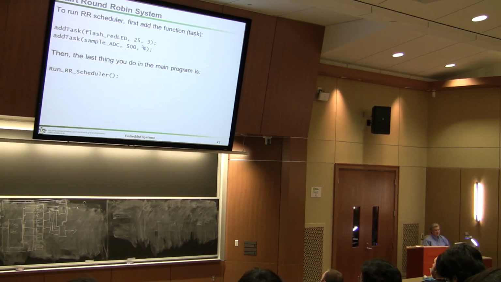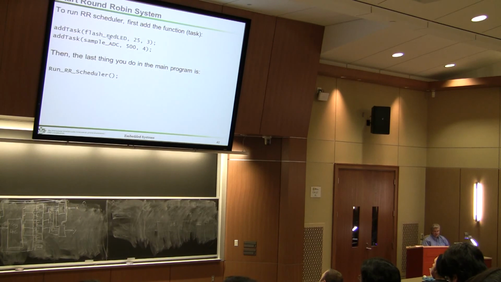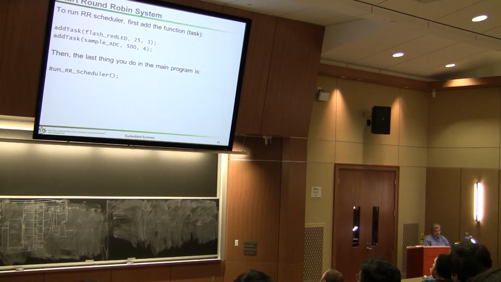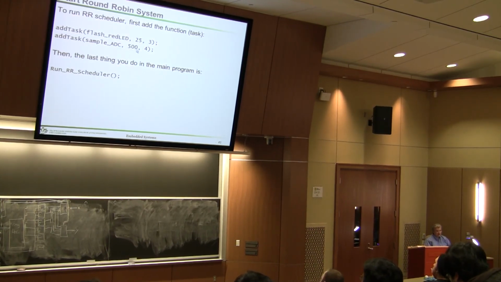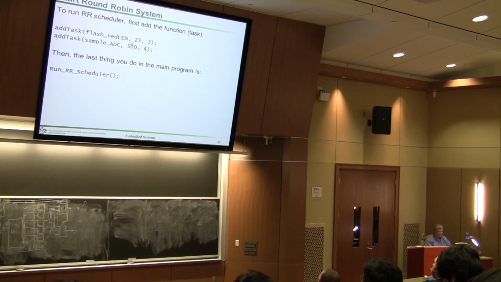Its frequency will be 25, and its priority will be 3. So what has higher priority, sample ADC or flash LED? Flash LED. So flash LED has a higher priority because it has a lower number according to our algorithm. And look at this, it's only happening every 50 milliseconds, let's say.